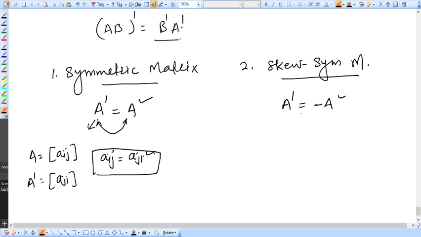Okay, this result in your mind could be asked as MCQs, or you could be asked to prove it. Similarly here you see, if A is equal to aij, A transpose would be equal to aji.